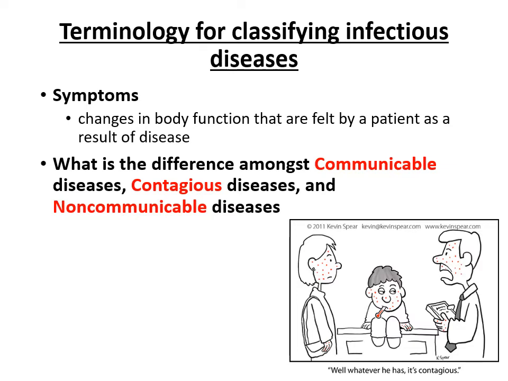Now, when we then talk about contagious diseases, now it's a disease that's easily and rapidly spread from one host to another. So now with contagious diseases, just by sitting or standing in the same room as someone who has this infection, you can get it, okay?